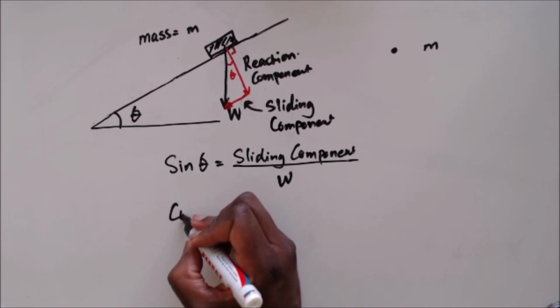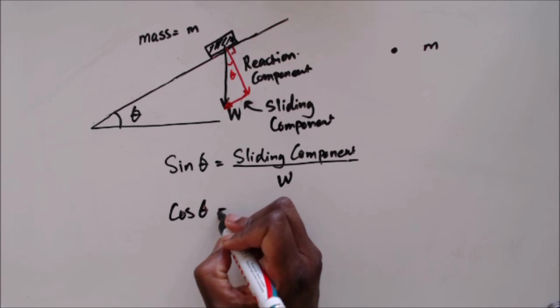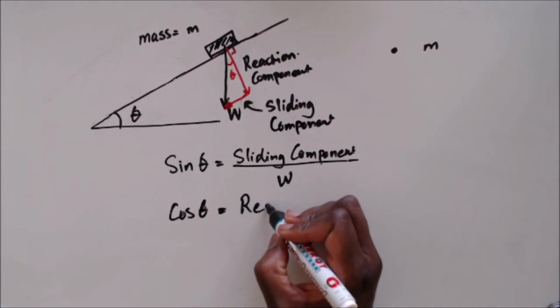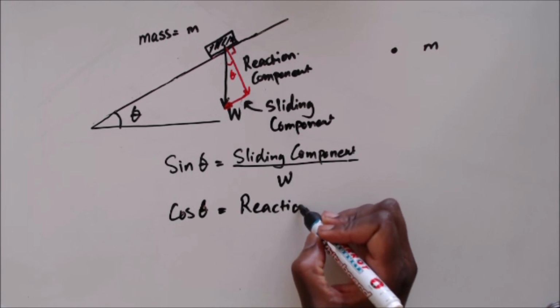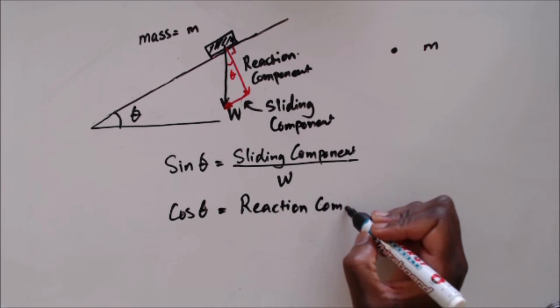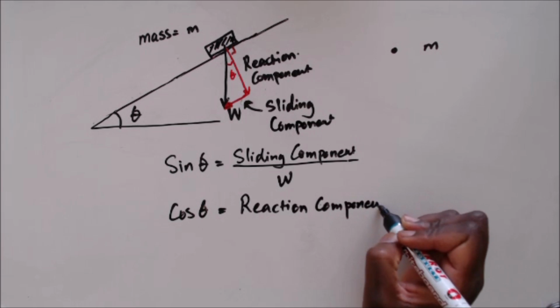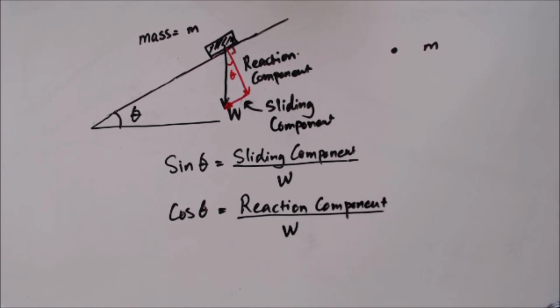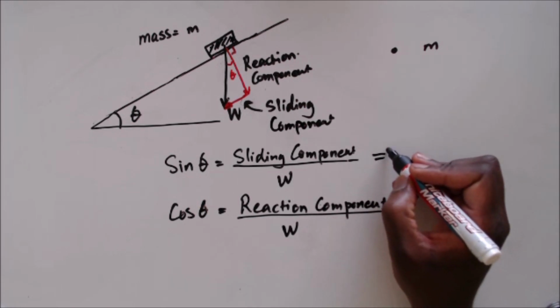The cosine of theta is equal to the adjacent side, which is the reaction component, divided by W. And from these two statements, what we can get is the following.